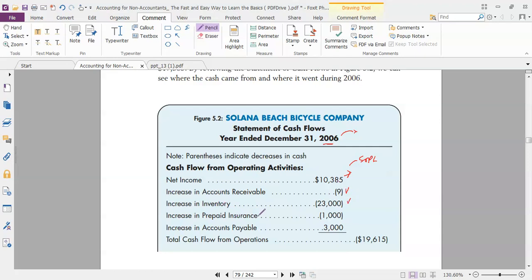Then goes to prepaid insurance. These three things are current assets. You must remember that I taught you last Monday, right? So how about an increase in account payable?